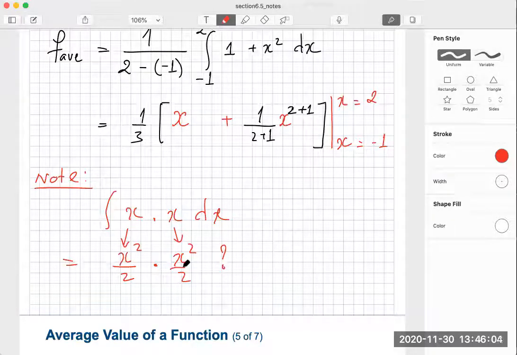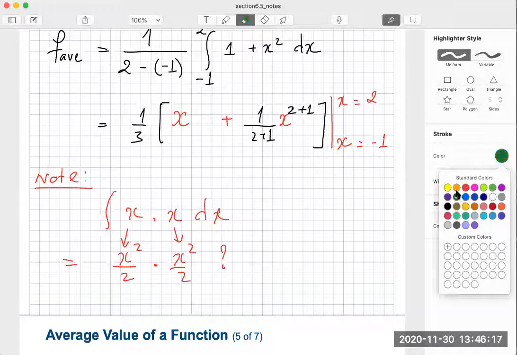Can we write it this way? Any idea? Is there anything wrong here?